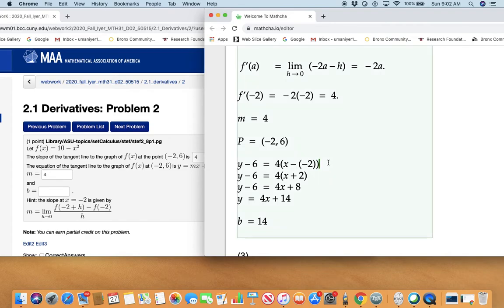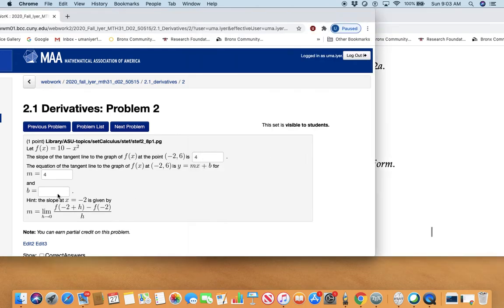That is called the point-slope form, used when you have a point and you have a slope. Now simplify. y minus 6 is 4 times x plus 2. Simplify further: 4x plus 8. Move that -6 to the other side. That becomes positive. 8 plus 6 is 14. So the slope is 4, we already knew that. The y-intercept is 14.